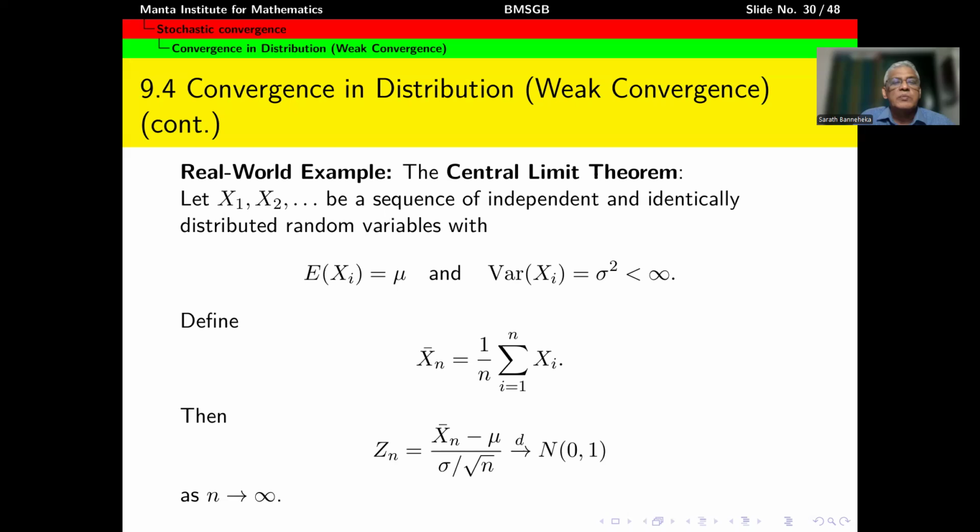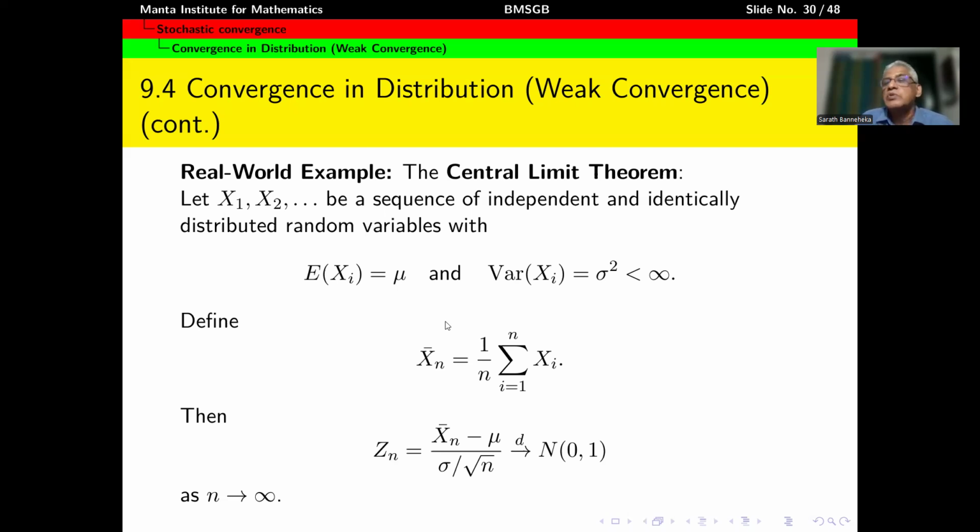Let X1, X2, X3, and so on, be a sequence of independent and identically distributed random variables with each Xi having the mean mu and each Xi having the variance sigma square. Both are finite. We have to assume that mu and sigma square both exist.